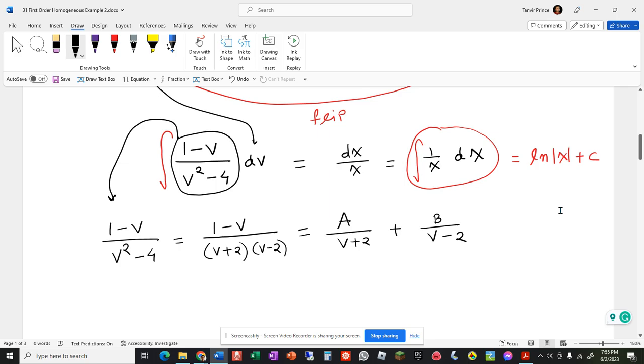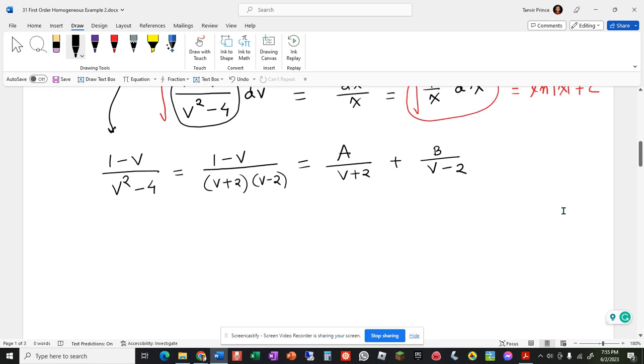So let's solve for A and B. Now, whenever there are only distinct linear factors, and v plus 2 and v minus 2 are linear factors, there is a trick which will save you a lot of time to find A and B. It's called the hide and seek method.